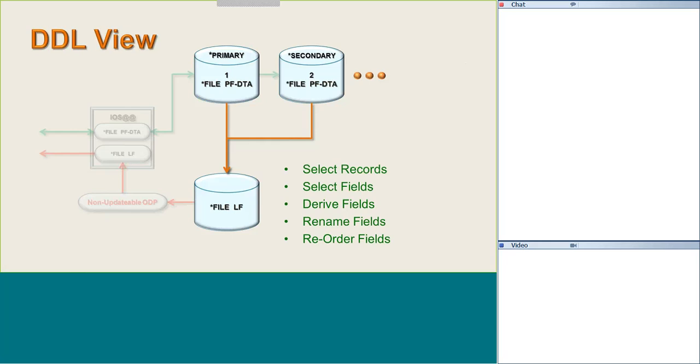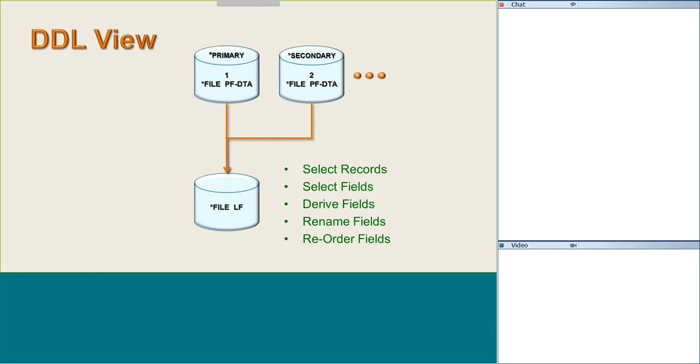Notice the one significant thing that's missing there, oh boy, is you cannot change the sequence of the records. There is no way in your create DDL view, your create view, to define the sequence of the records.